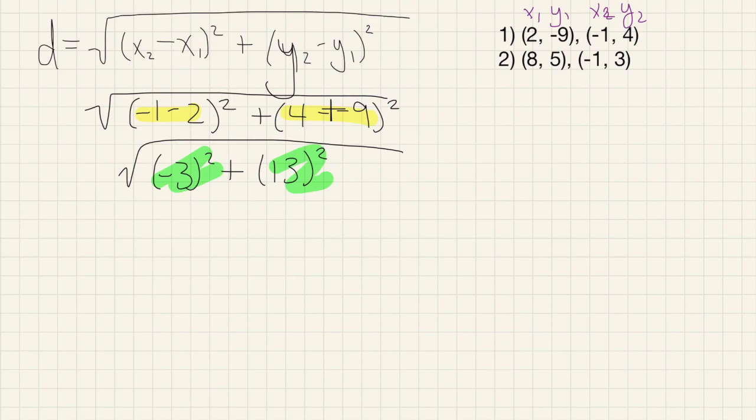So we have 3 times 3, or 3 squared, which will give you 9. And then 13 squared will give you 169.